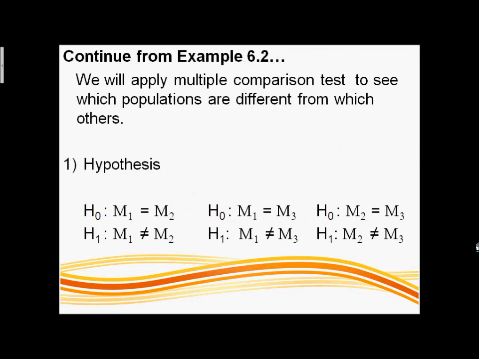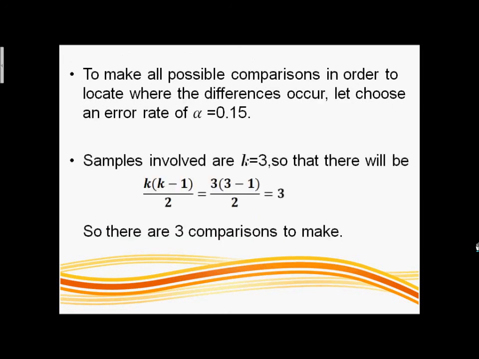Now we will continue from our past example, example 6.2, since we have rejected the H null. The first step is to state the hypotheses. Since we have three groups of populations, we must make three sets of hypotheses. To make all possible comparisons in order to locate where the differences occur, let's choose an error rate of alpha equal to 0.15.